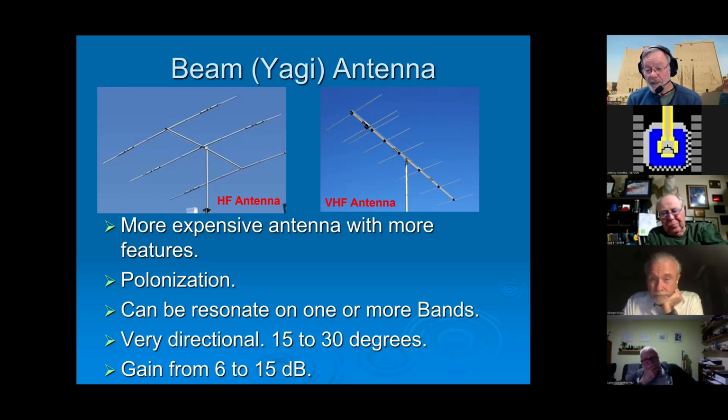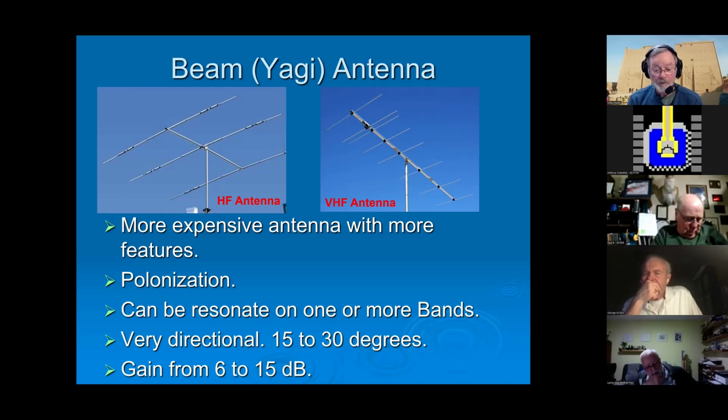So the beams are very, very directional. Generally the pattern that it looks out, depending on the beam, is somewhere between 15 to 30 degrees in front of the beam. Now, the nice thing about beams is you can get stuff that will easily give 6 to 15 dB. 6 dB is twice the power.